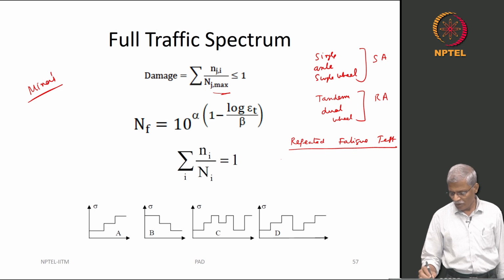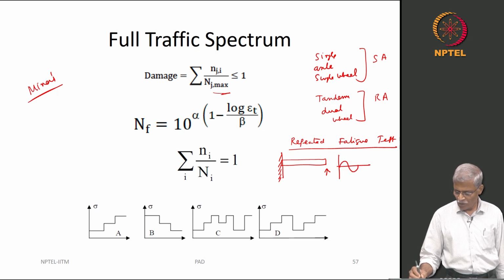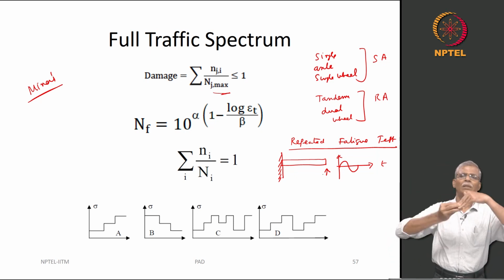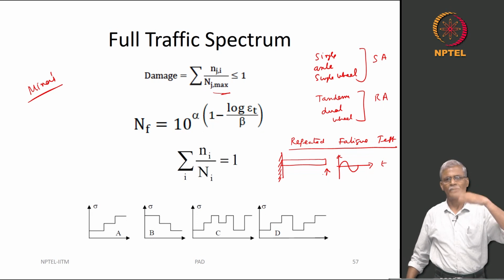Let us assume that you have a structural member. Let us fix it somewhere here like this, and then we are going to apply a load like this. So, up and down. Hold it like this and then keep moving it up and down.